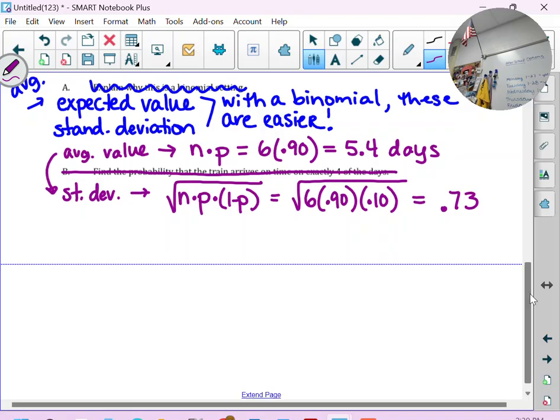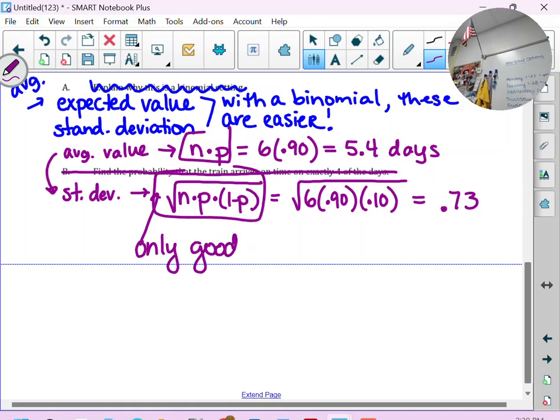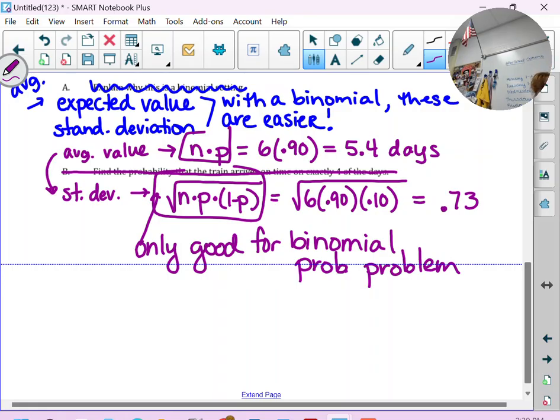Okay. So we've got an average value formula and a standard deviation formula, but these are only good for a problem that fits the binomial standard, that has the binomial characteristics.